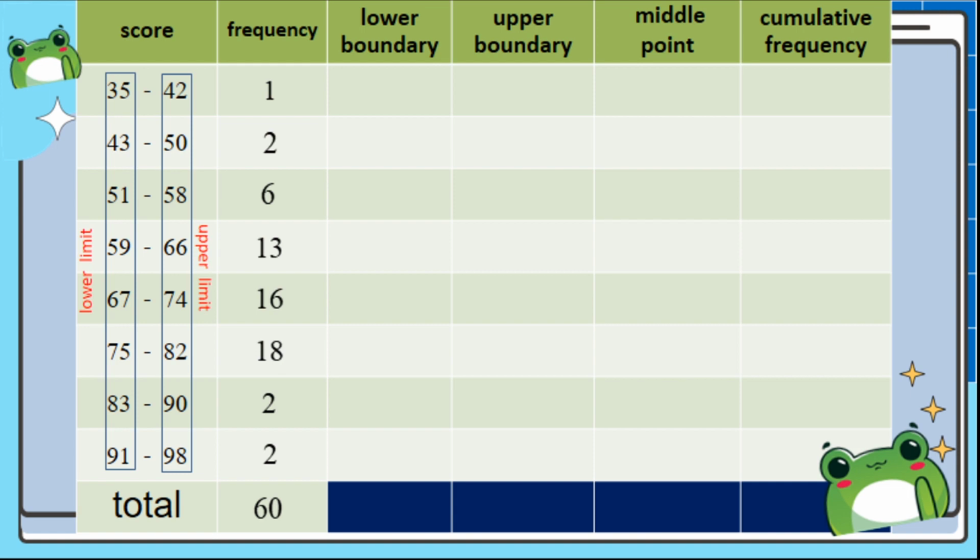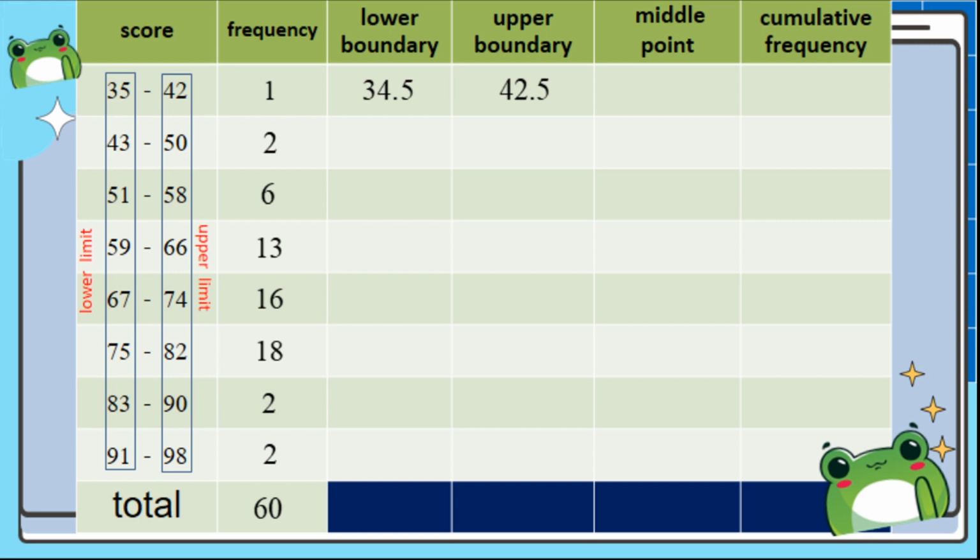So, for the first row, students notice that the lower limit is 35, so the lower boundary is 35 minus 0.5, that is 34.5. And the upper boundary of the first row is the upper limit plus 0.5, so the upper boundary of the first row is 42.5.